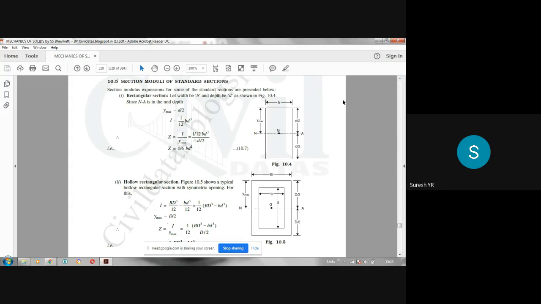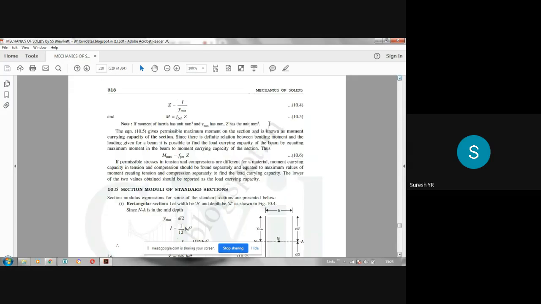And one more concept we got, that is moment of resistance or modulus of rupture, that is the moment carrying capacity of the section, which is given by the permissible bending stress multiplied by the section factor or section modulus, Z. So Z is defined as I by Y max, where I is the moment of inertia or second moment of area of the particular section about the neutral axis, and Y max is the distance of the farthest fiber from the neutral axis.